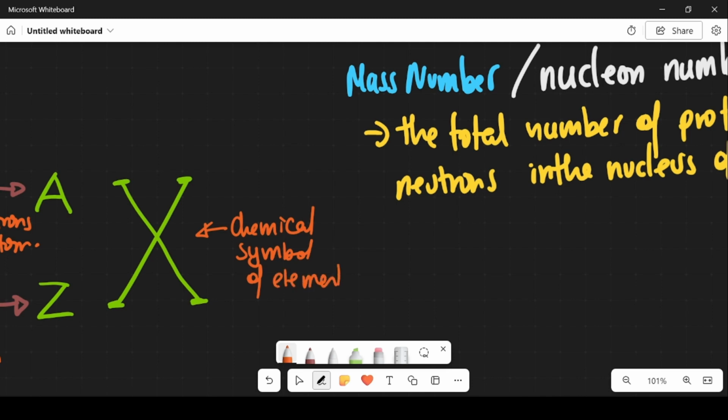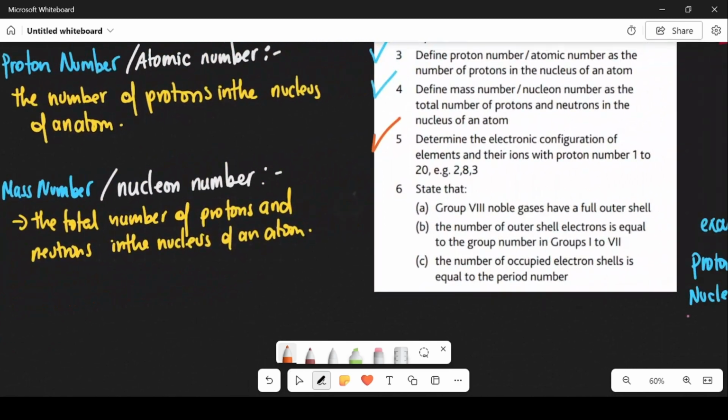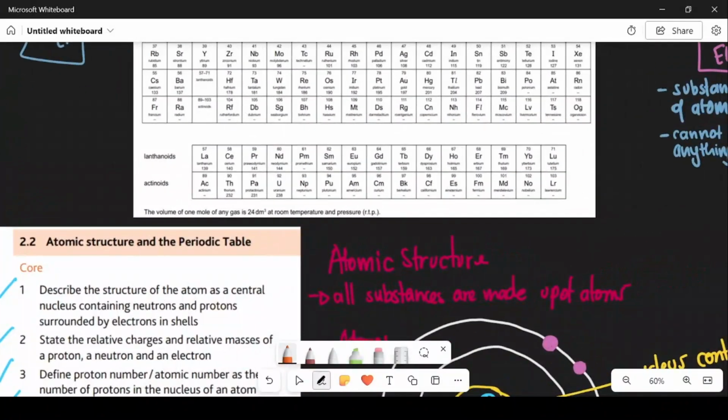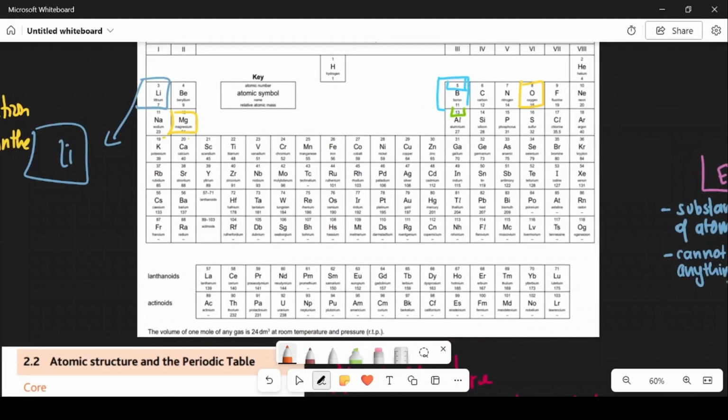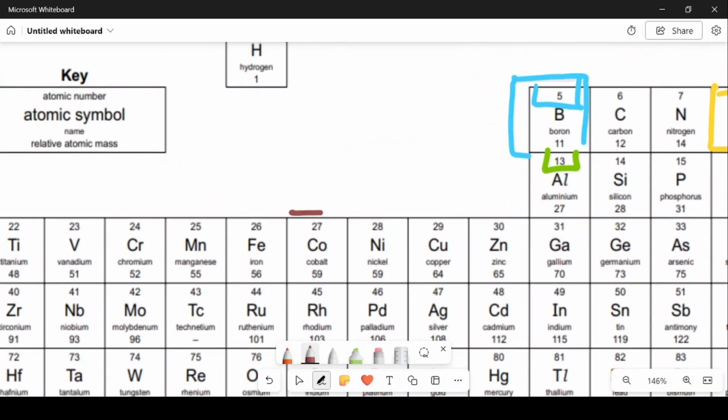So let's go back to my periodic table in order to see what exactly this representation is and how they show it. Now, in some periodic tables, they could switch up the position of your atomic number and your mass number. Let's take cobalt here. Okay, so they wrote it as Co 27 59.